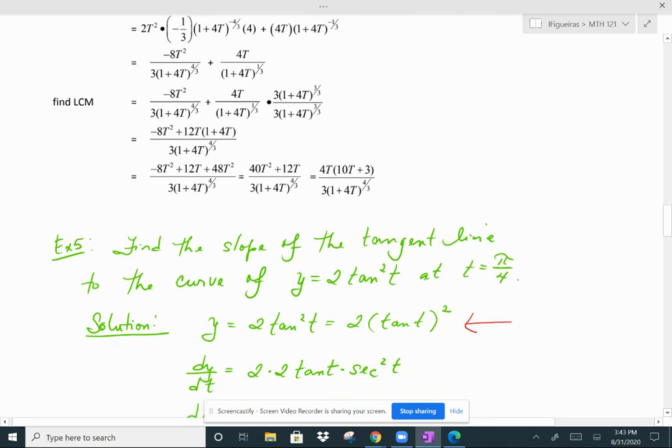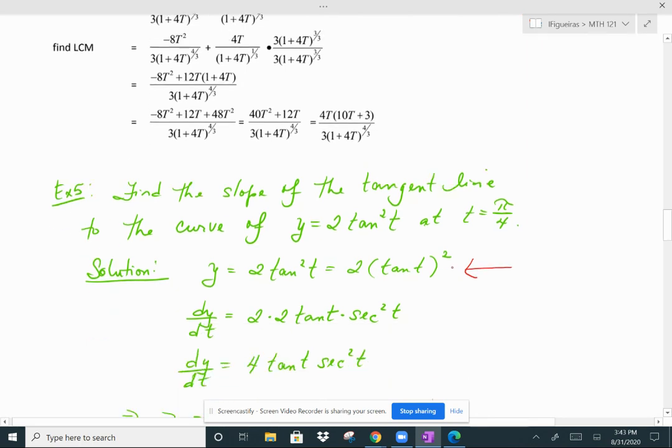So when I apply chain rule, you have to take the derivative of the outer function first times the derivative of the inner function. And then 2, just this 2 here, just gets multiplied by that derivative, which is what you see on the next line.